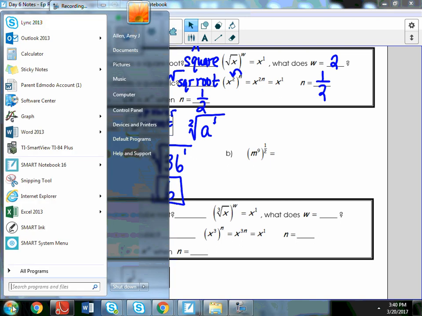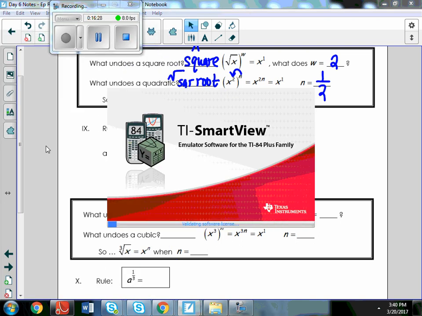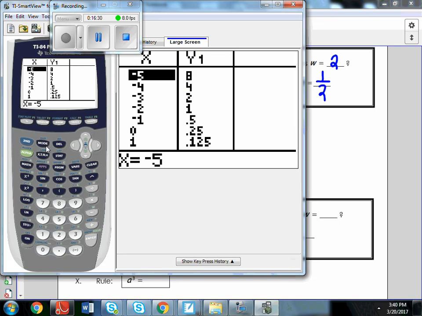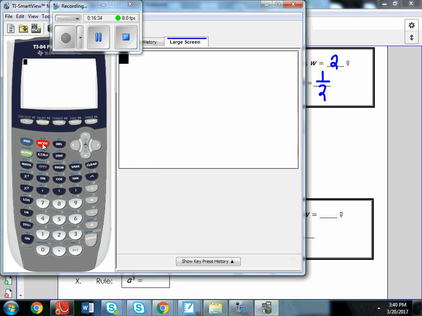But take your calculator if you have one, and take 36 and raise it to the 1/2, but make sure you put it in parentheses. So your calculator will do a fractional exponent, and yours might not write it nice and neat like mine did because you may not have the update.